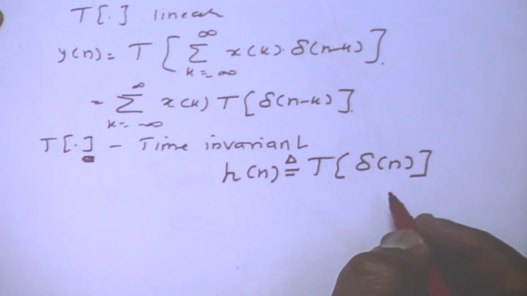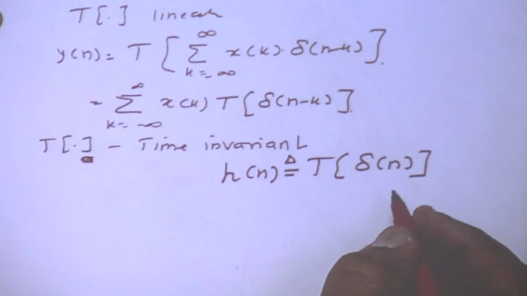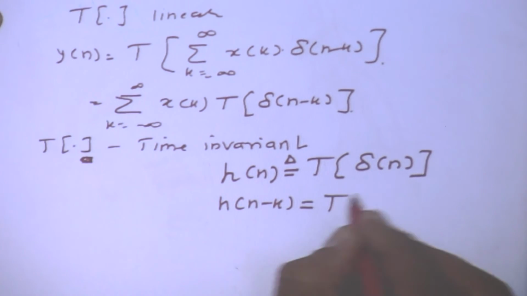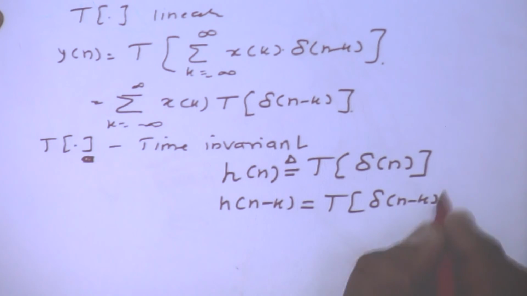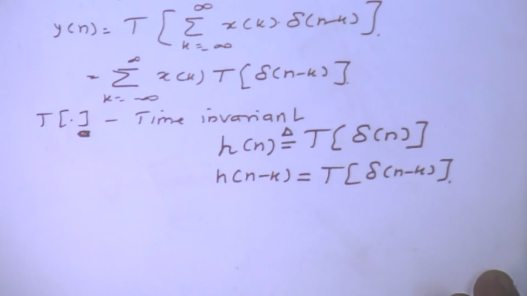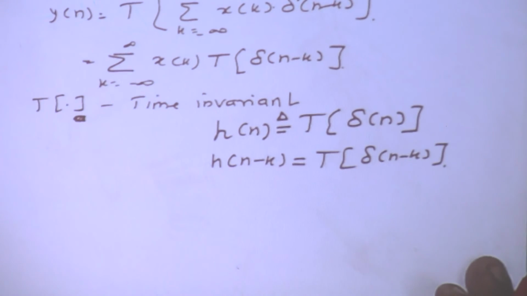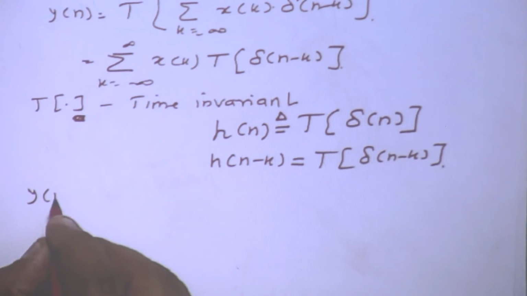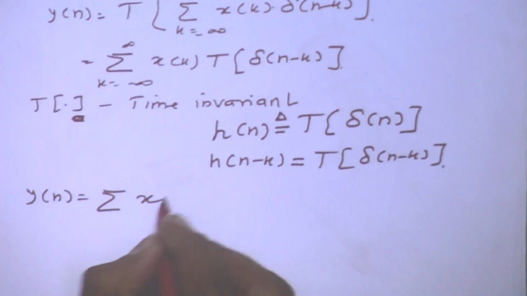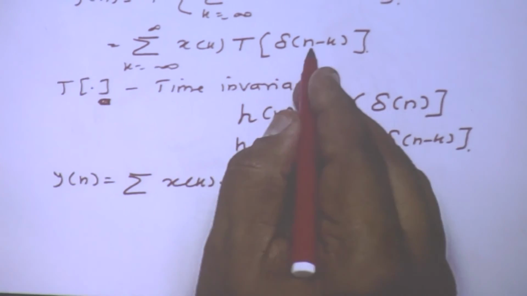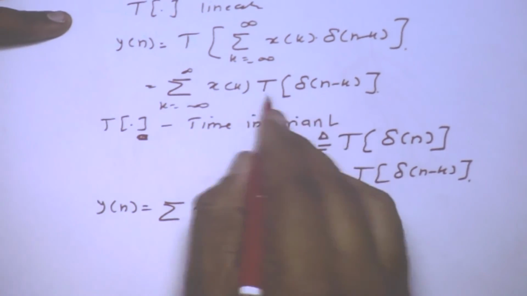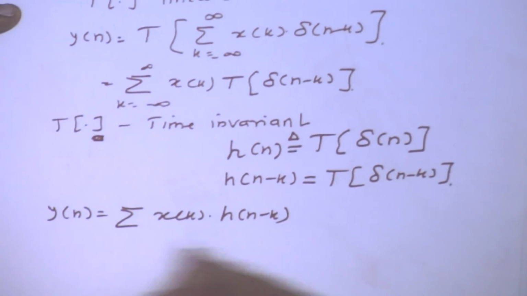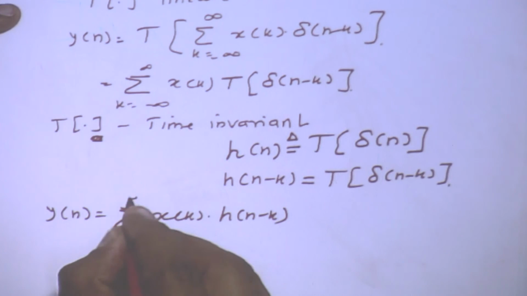And because the system is time invariant, I always get h[n minus k] as the response to delta[n minus k]. That means when I say that T is time invariant, y[n] can be written as the summation of x[k] times T of delta[n minus k], which is written as h[n minus k], k going from minus infinity to plus infinity.